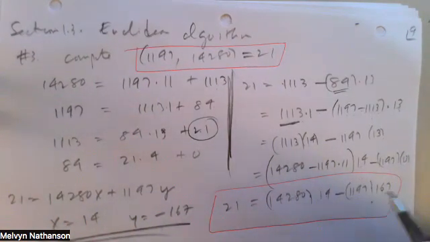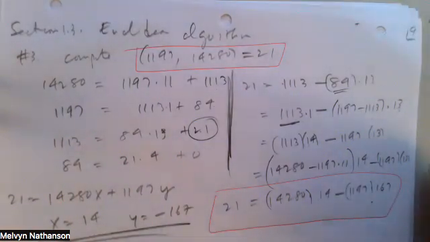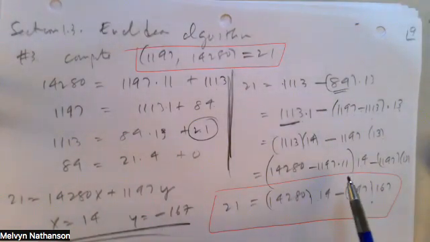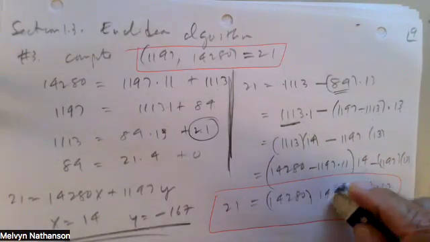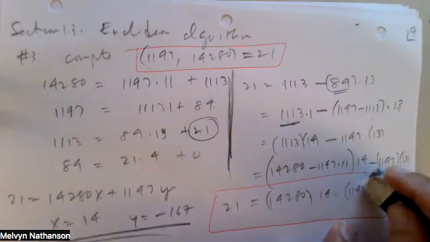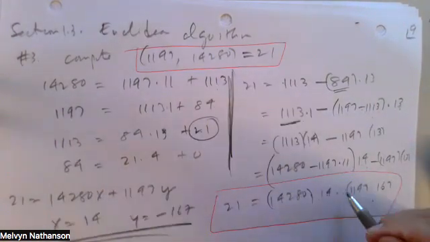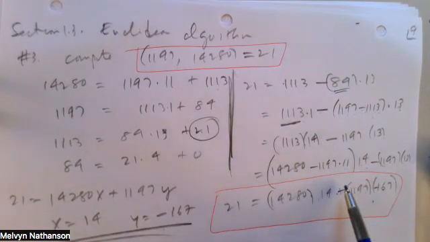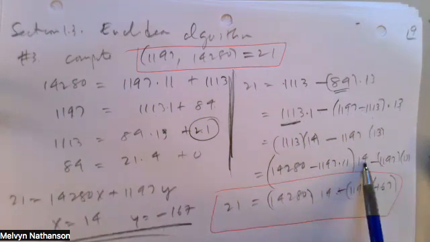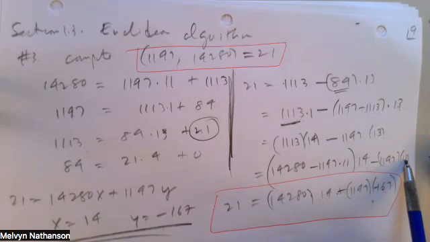Minus 167. Now, how did you get 167? 11 times 14 plus 13.